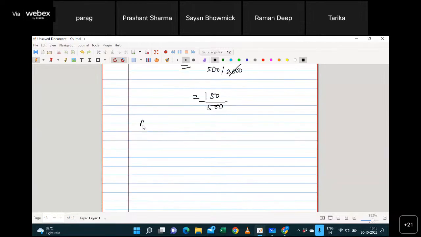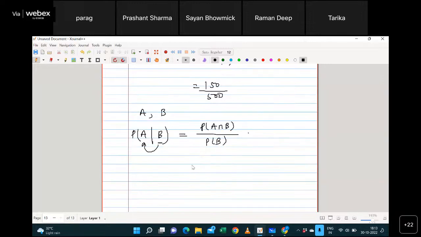Suppose I have event A and event B. What is the probability of event A when B is given? Means B has occurred, then what is the probability of occurrence of event A? It's nothing but probability of A intersection B divided by probability of B. That's all.